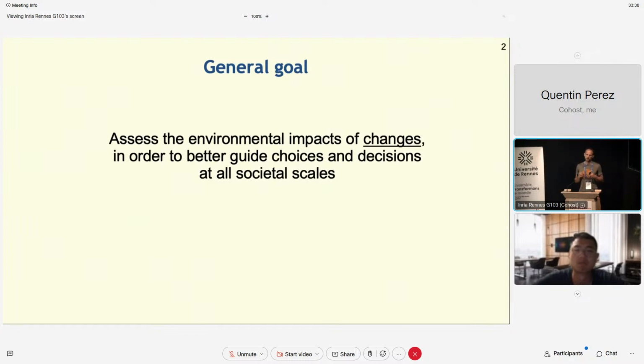Here I mean that we are not only targeting individual actions, but also policymakers or industrial stakeholders and so on. And as an exercise, we'll try to address questions such as what would be or would have been the real impact of limiting the quality and resolutions of video.